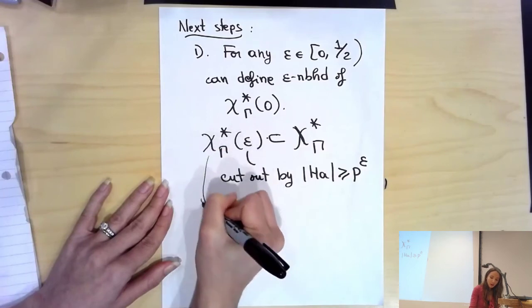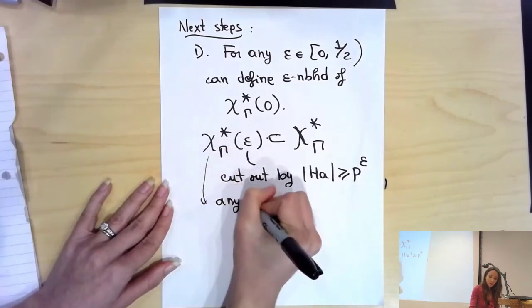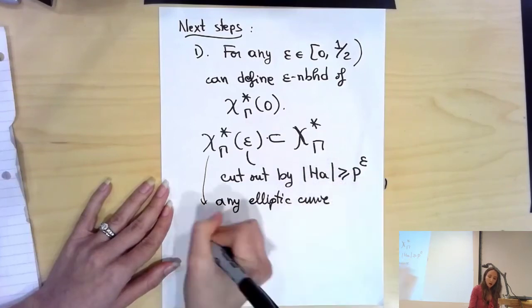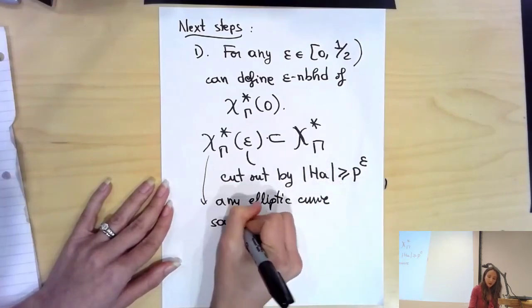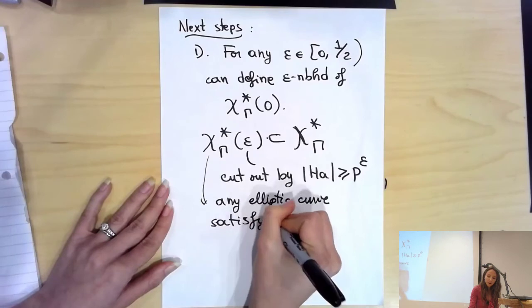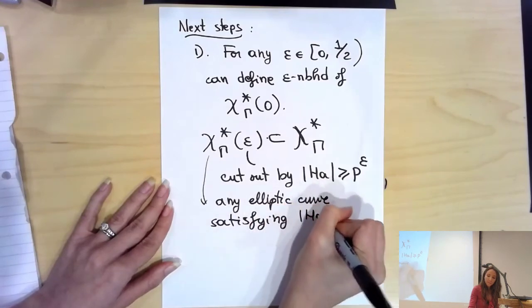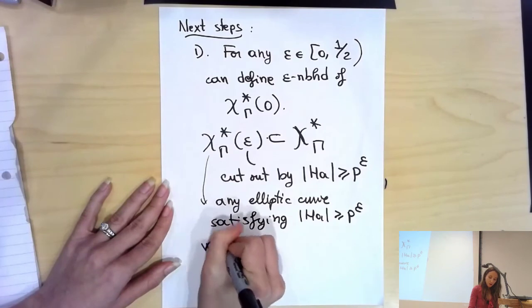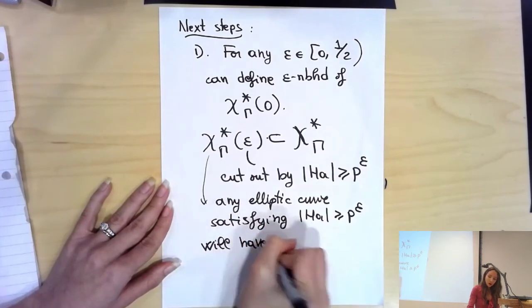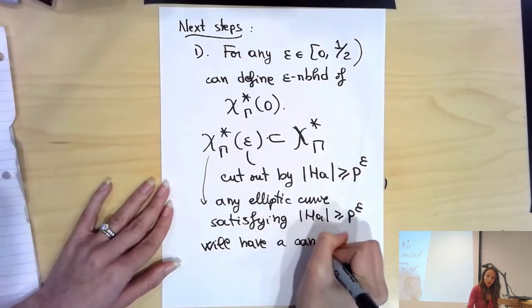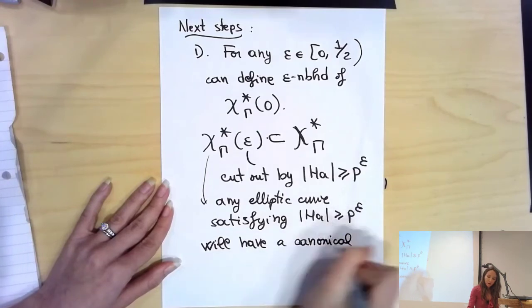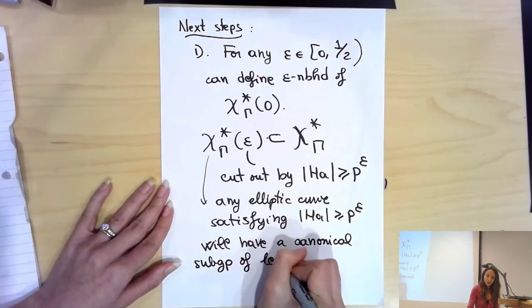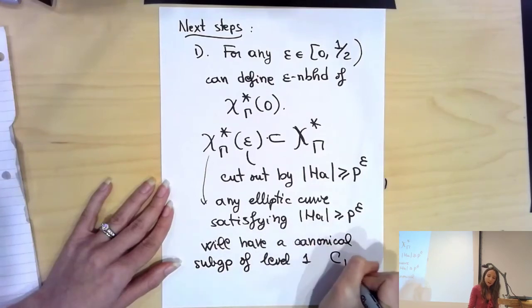So any elliptic curve satisfying this condition on the Hasse invariant will have a canonical subgroup of level 1. I'm going to call this C1.